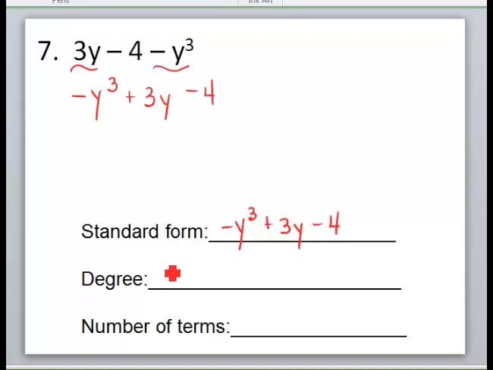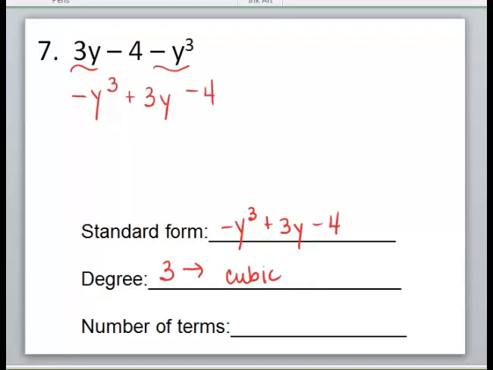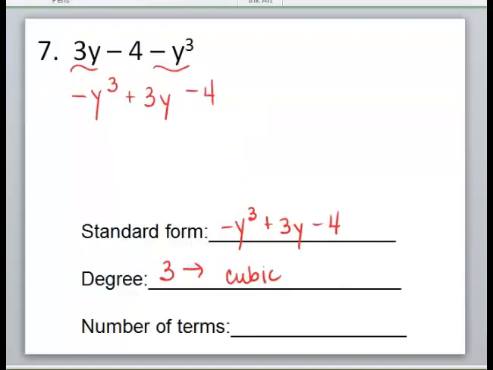The highest degree is 3. When it has a degree of 3, it's considered to be cubic. And again, I'm referring back to those slides where we'd written down the degree names. The number of terms is 1, 2, 3. So if I go back to the term names, that's considered to be a trinomial. So it has 3 terms. It's a trinomial.